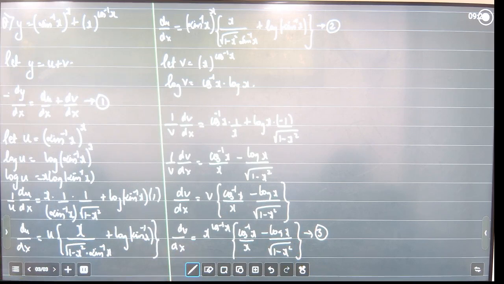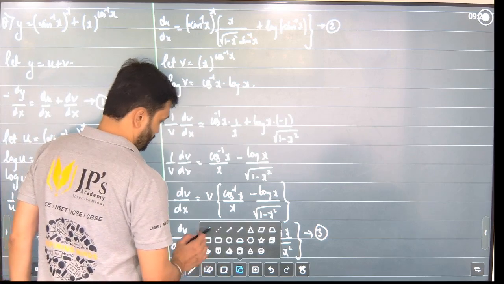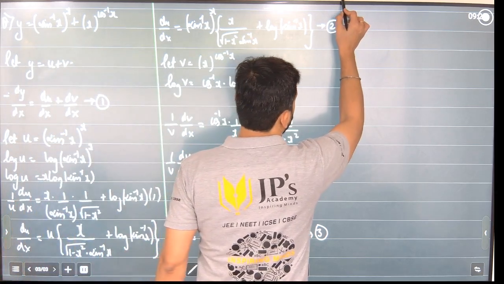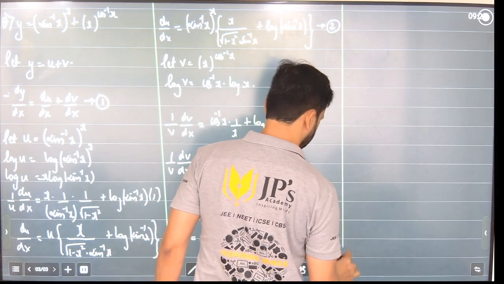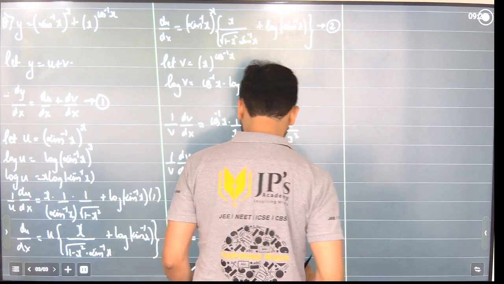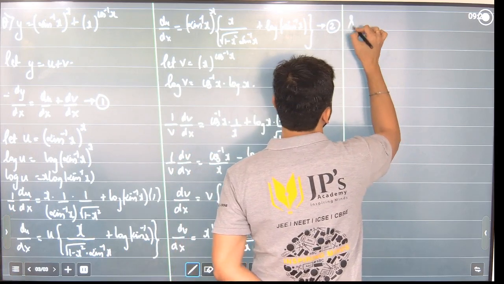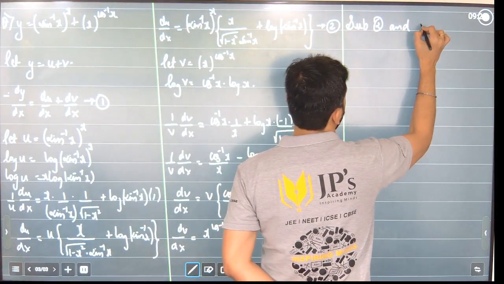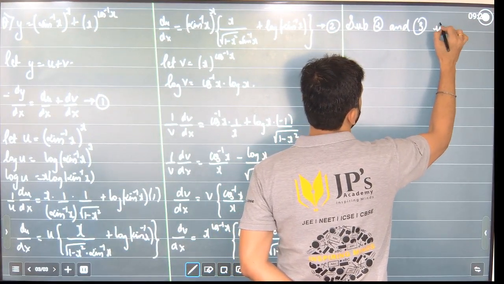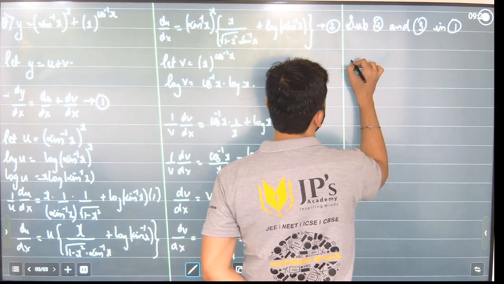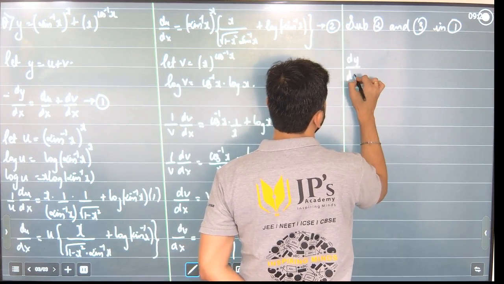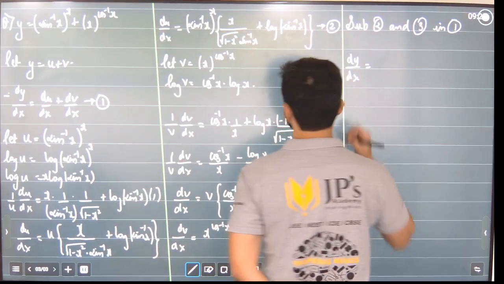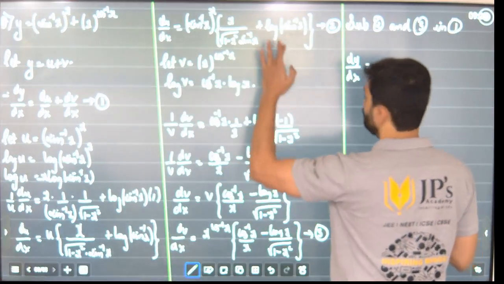Now if I substitute 2 and 3 in equation 1, therefore dy by dx will become, this is your du by dx.